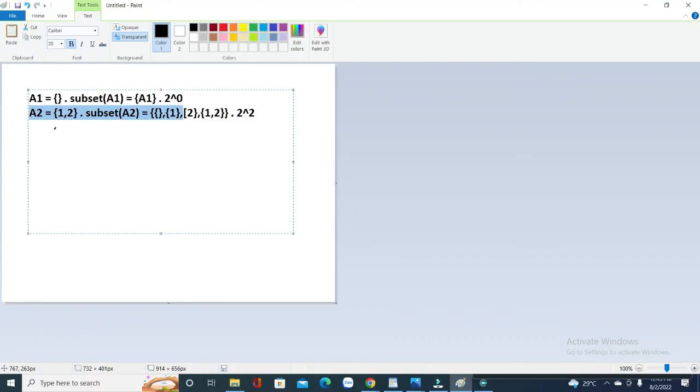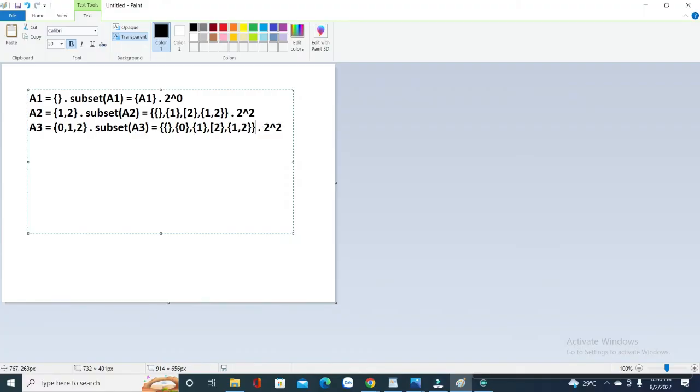And let's try with 3 elements. Okay, so for the 3-element set A3, we're going to have 0, 1 and 2. So the subsets with 0 elements is the empty set, then the 1-element subsets 0, 1 and 2.